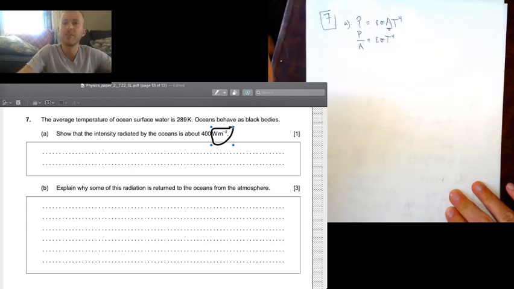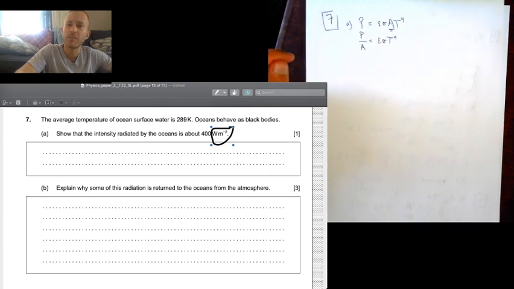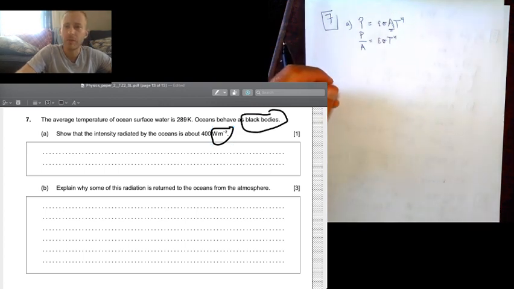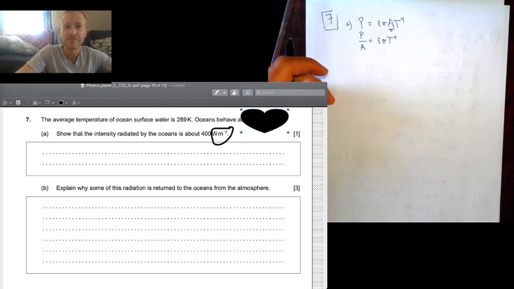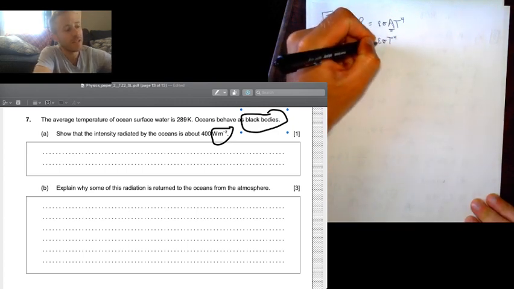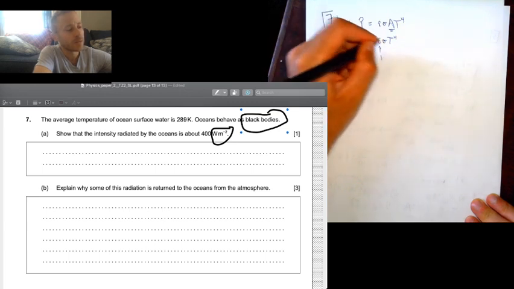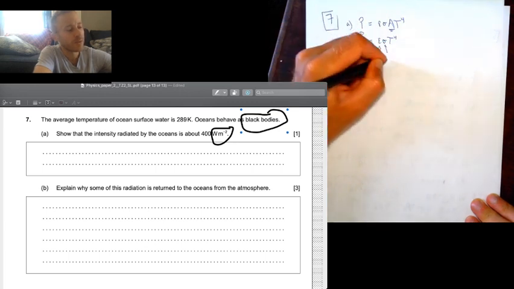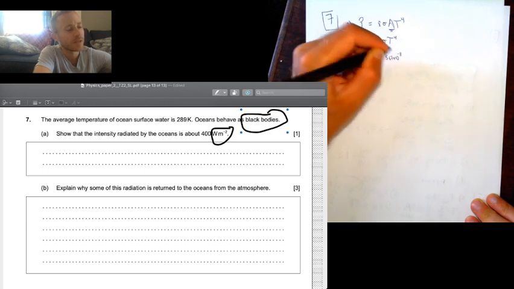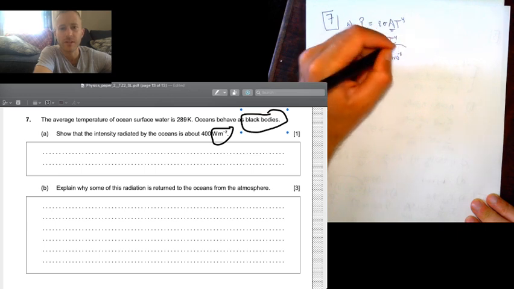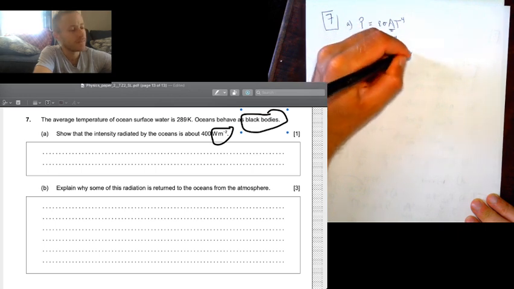And then it says that the ocean behaves as a black body. And we know that a perfect black body has an emissivity of 1. Sigma is the Stefan-Boltzmann constant, 5.67 times 10 to the minus 8. And the temperature, it tells us, is 289.